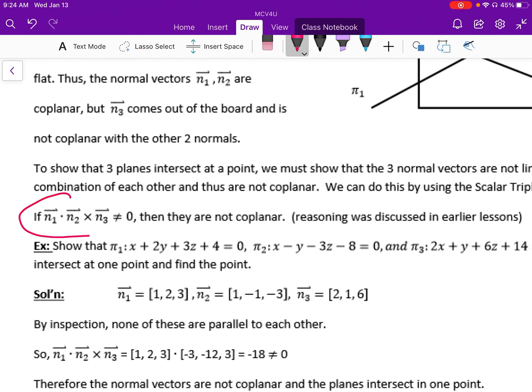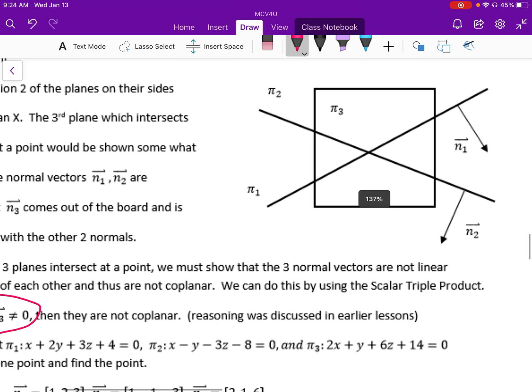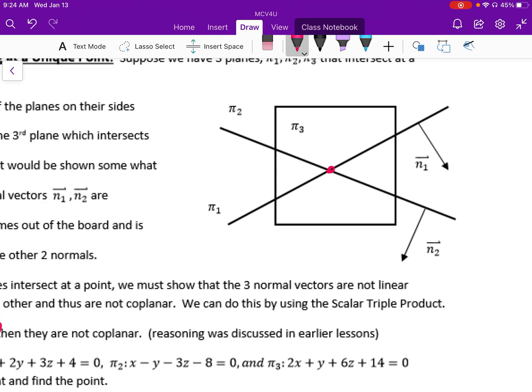We use the scalar triple product. Do the scalar triple product. If it equals 0, they're coplanar. If it doesn't equal 0, they're not coplanar. Boom. What do we have in this example? We get 1 point of intersection, one unique point for all 3 planes.